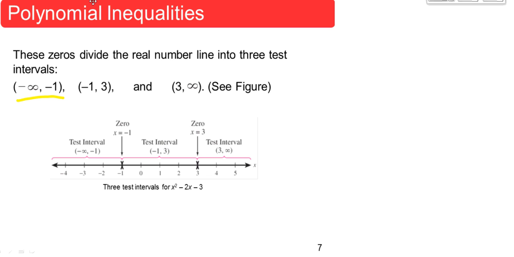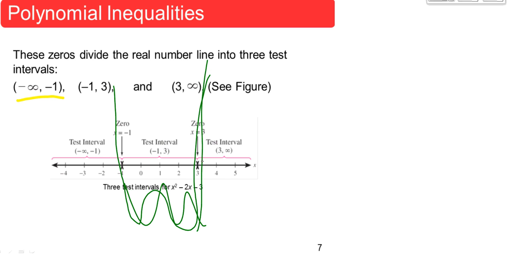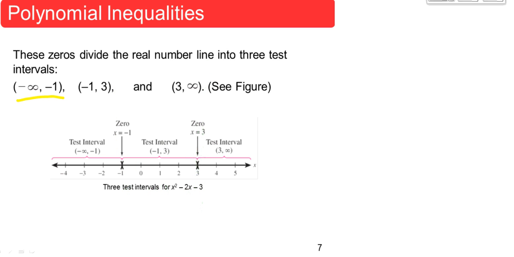Think about that quadratic: maybe it's a parabola that goes like that, or one that goes the other way, or if it were a higher degree, it might go through there and dance around up and down a bit and then go back through these zeros. But the zeros are the only place it can change sign.